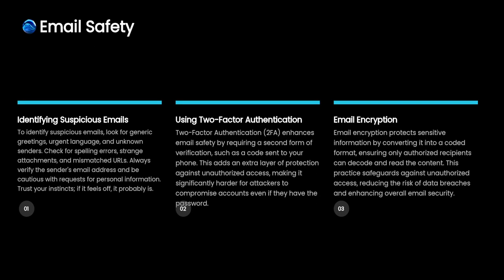And next, email safety. We use emails a lot in our day-to-day life. There is a feature in email which sends suspicious messages directly to spam, but sometimes you have to be more careful because it will not go to spam. So identify suspicious emails that say we're going to give you a 10% discount or offer, and we need your financial information.